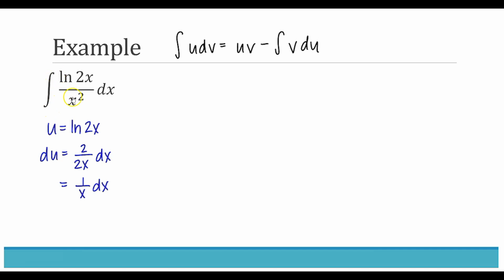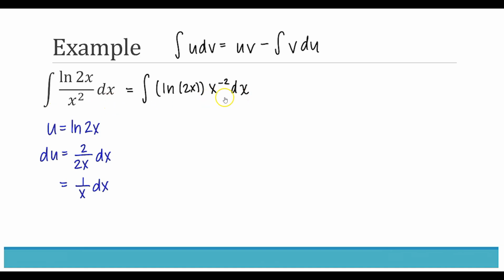Now I have a 1 over x squared dx, so we're not going to use u substitution. We're going to finish by using integration by parts. I still need to find a dv. My original integrand was written as a quotient, but I can express it as a product if I write it as the natural log of 2x times x to the negative 2 dx.